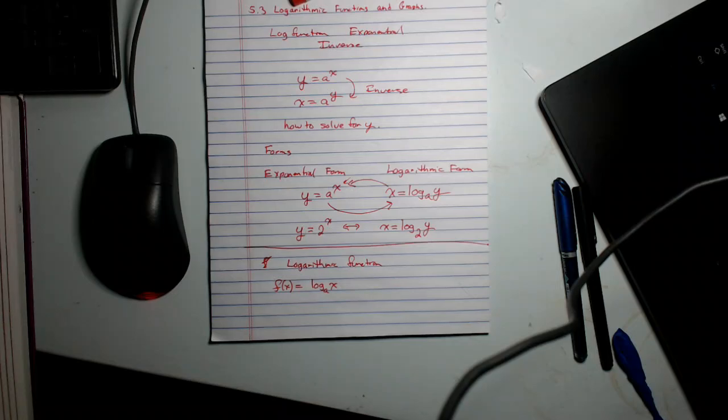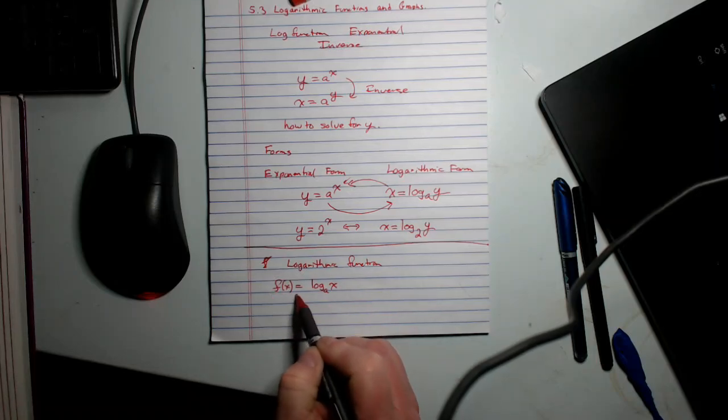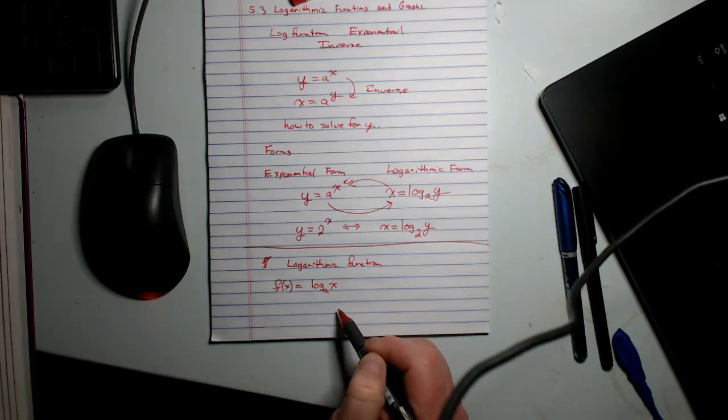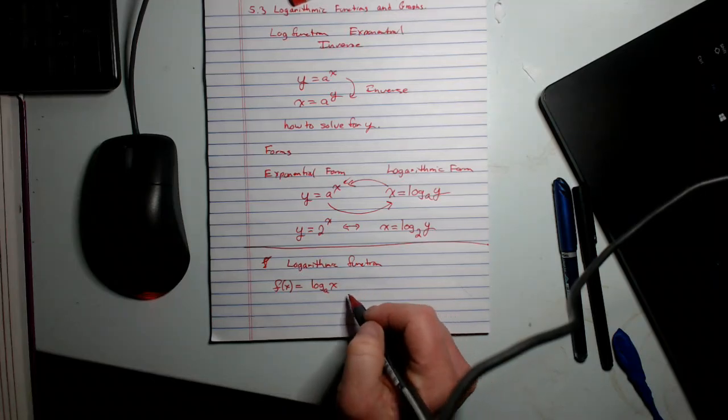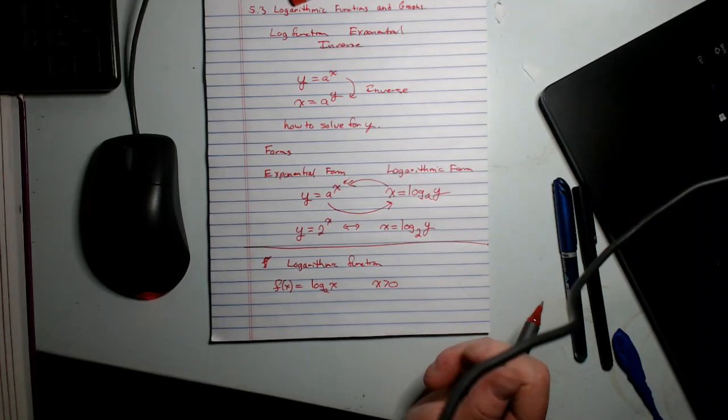In the second part, we're going to look at what defines a logarithmic function. Here we have our logarithmic function f of x is equal to log base a of x. Now, there's a couple of rules. First of all, x has to be greater than 0.